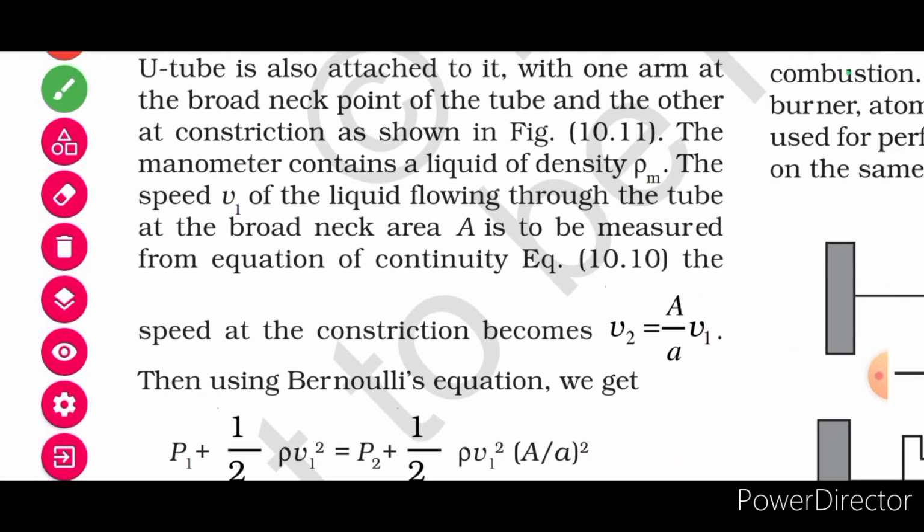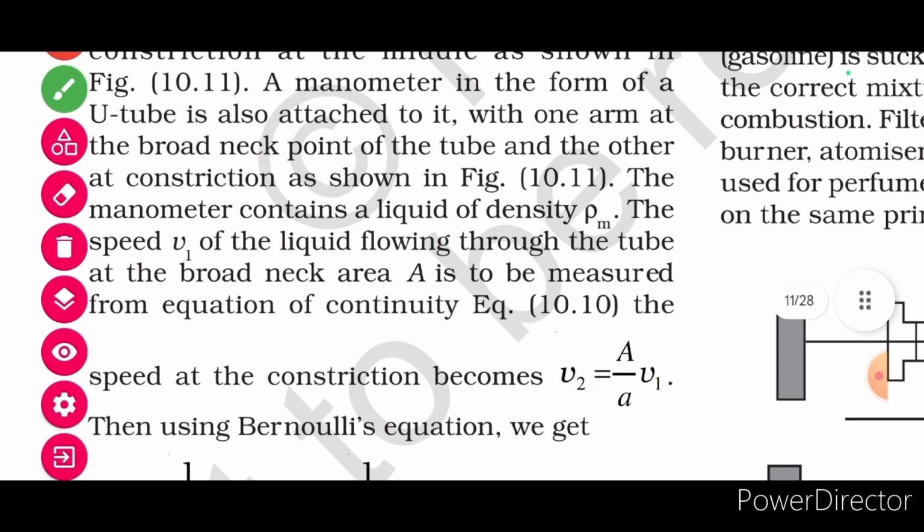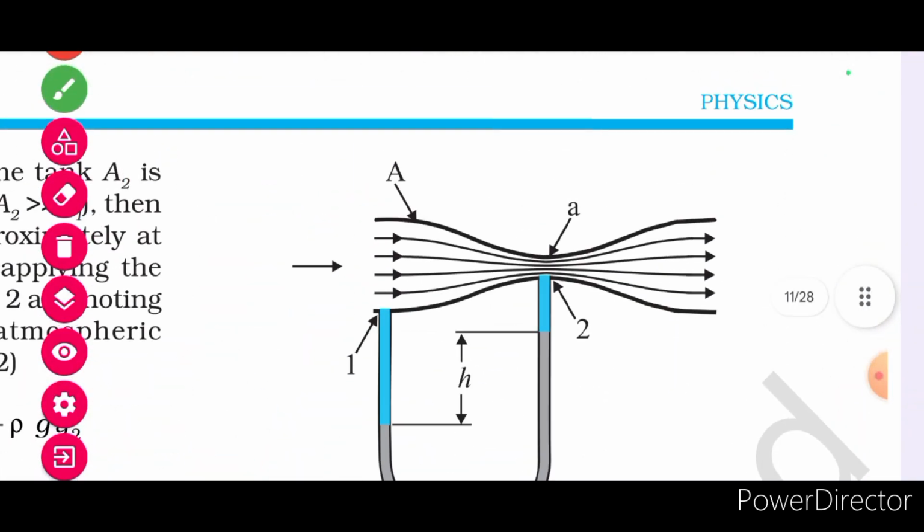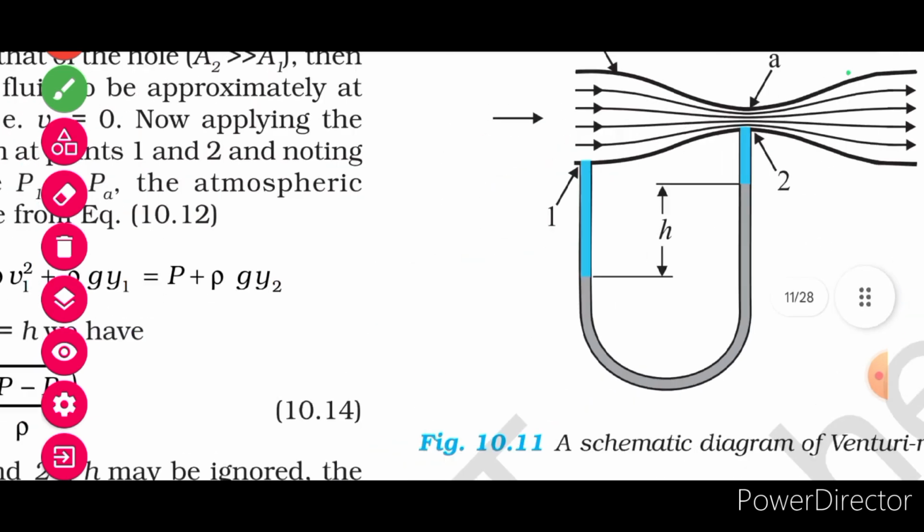The manometer contains a liquid of density rho m. It can be mercury or any other liquid. The speed v1 of the liquid flowing through the tube at the broad neck area is to be measured, which is in the pipe, since we have attached this Venturimeter in between the pipe.